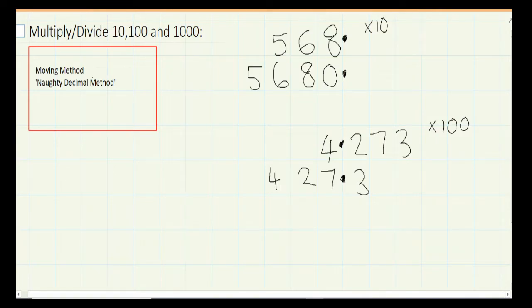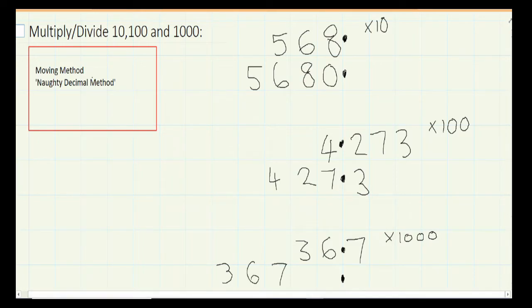And let's finally look at something such as 36.7 times 1000. You cannot just place 3 zeros on this one, it won't work. You have to line up the decimal point and you move it 3 places bigger. 1, 2, 3. 3 goes right over here. 3, 6, 7.